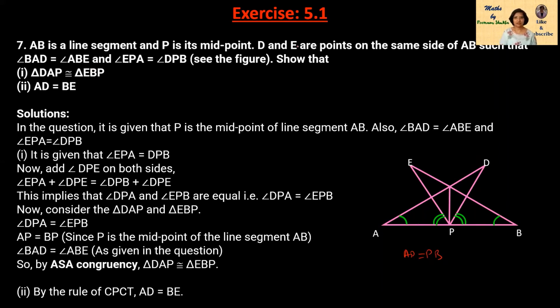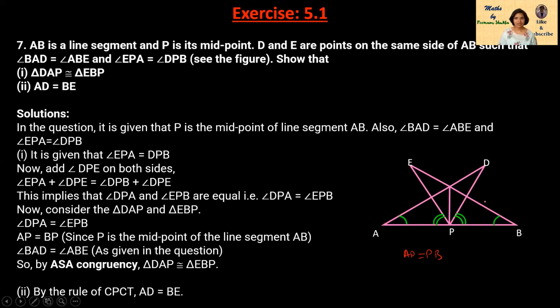So D and E are points on the same side of AB, such that angle BAD and angle ABE are equal.